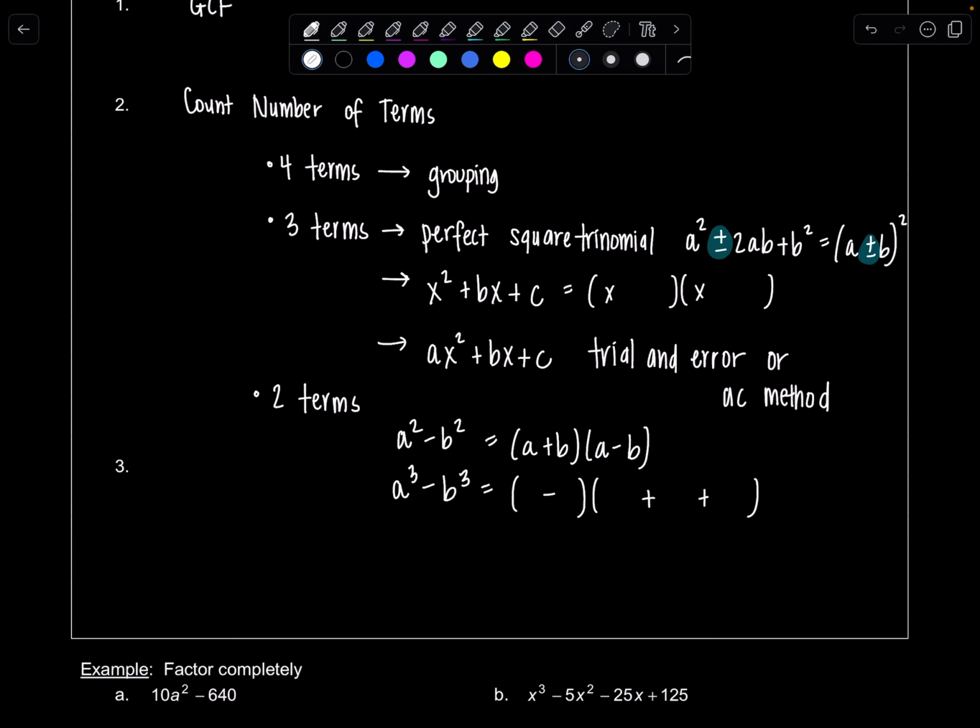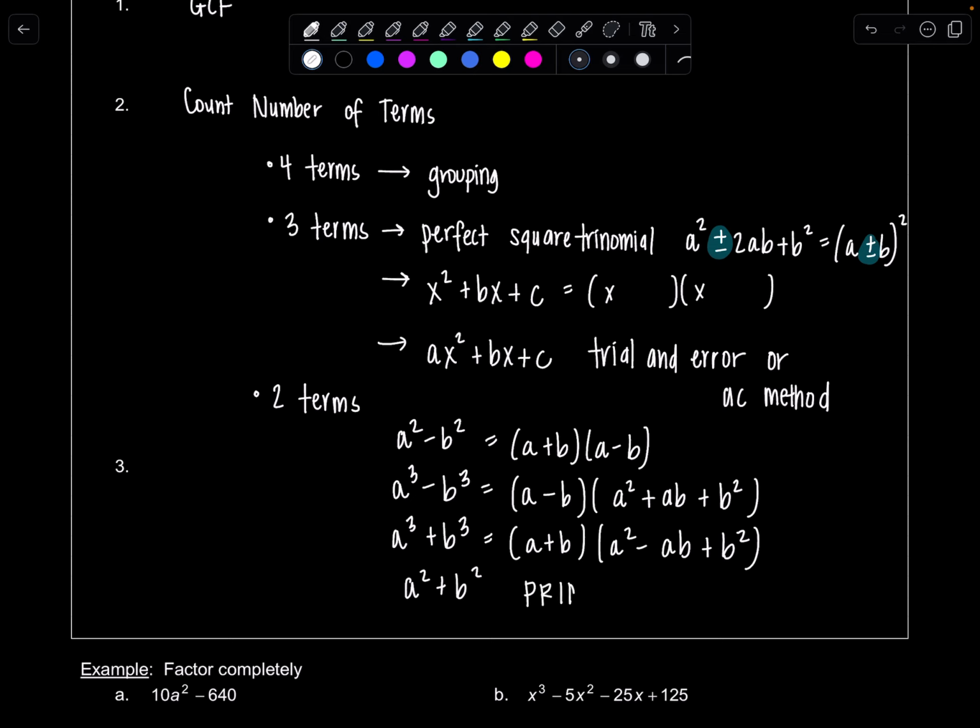Just think SOAP. AB, a squared, AB, b squared. And then similarly for a sum of cubes, a cubed plus b cubed, it'll factor into a plus b, a squared minus ab plus b squared. Lastly, if you have a sum of squares that doesn't factor over the real numbers, that's prime.